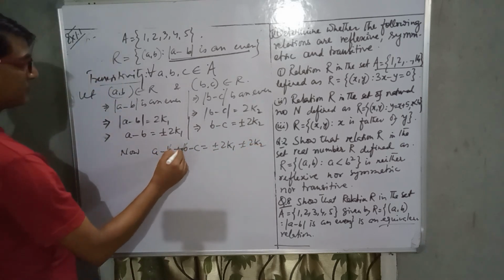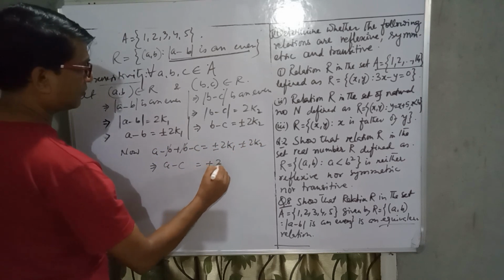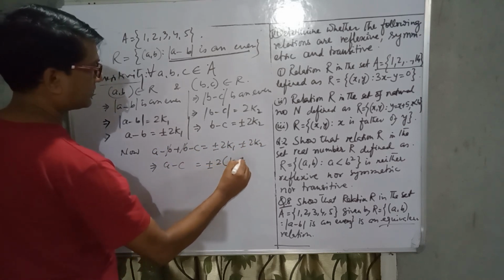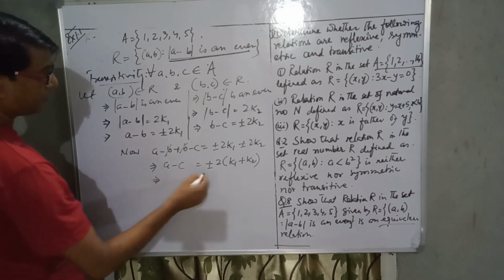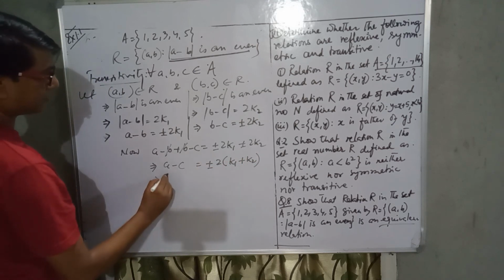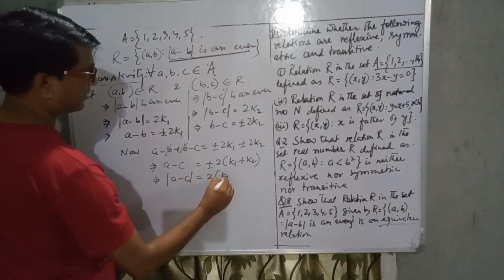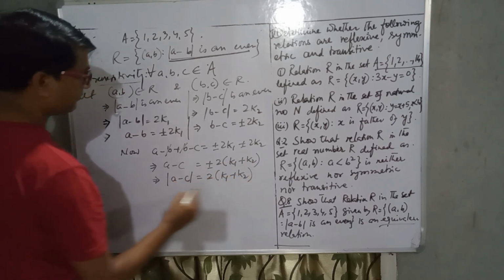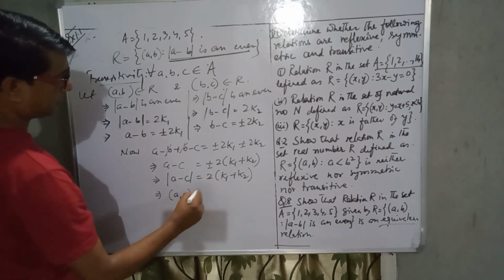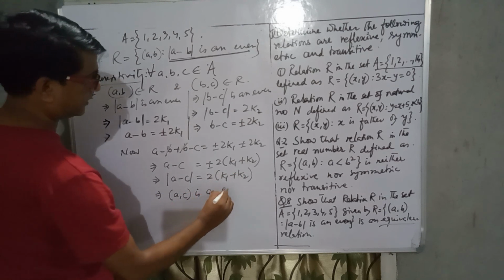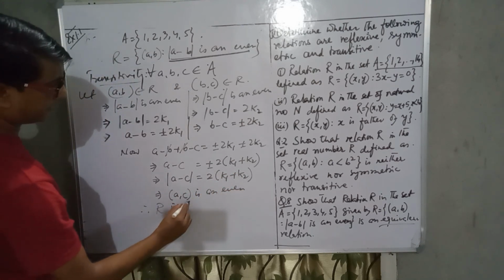The b terms cancel, leaving a minus c, and 2 is common, so 2 times (k1 plus k2). Then if we remove the plus minus, modulus of a minus c is equal to 2 times (k1 plus k2). That is a multiple of 2. So modulus of a minus c is even. Therefore R is transitive.